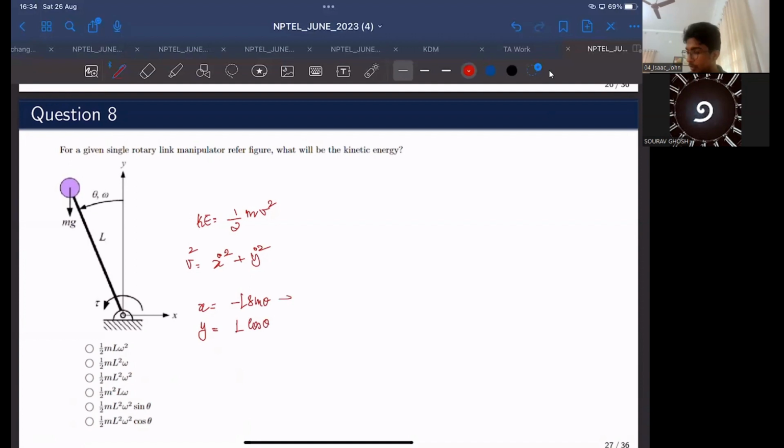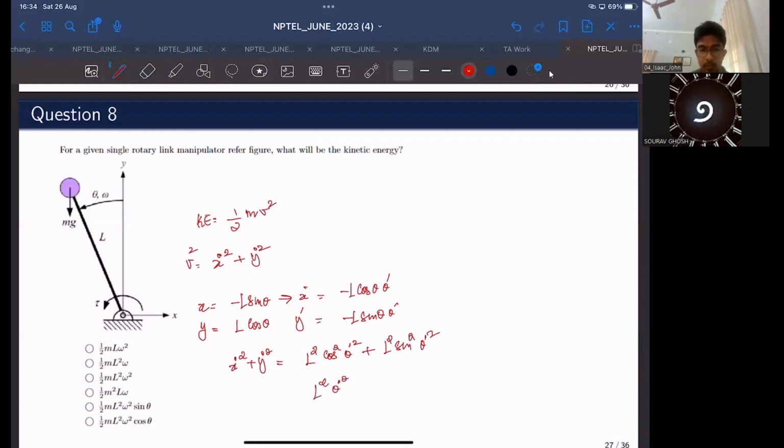What is x dot? That would be minus L cos theta, theta dot. y dot would be minus L sine theta, theta dot. So x dot square plus y dot square would be L square cos square theta theta dot square plus L square sine square theta theta dot square. So this is nothing but L square theta dot square, because cos square theta plus sine square theta is 1. So this is your v square.